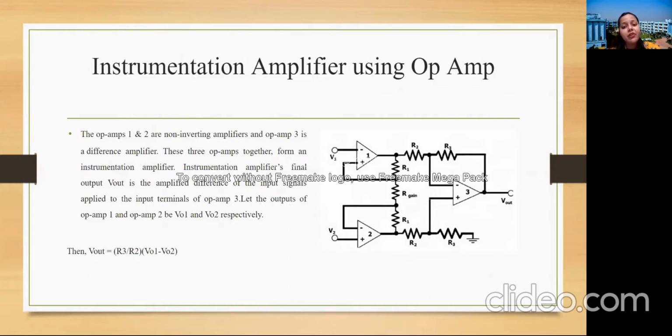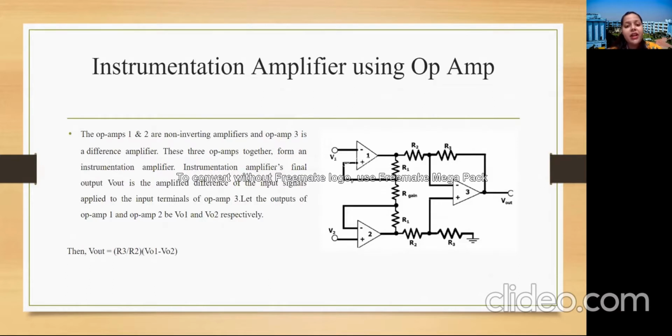First, 2 voltages V1 and V2 are applied to op-amp 1 and 2, and op-amp 3 is used as a differential amplifier, where the voltages from op-amp 1 and 2 are used as the input. So op-amp 1 and 2 are non-inverting amplifiers, and op-amp 3 is a difference amplifier. These 3 op-amps together form an instrumentation amplifier.